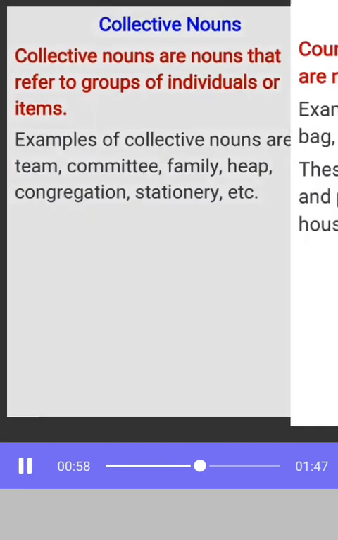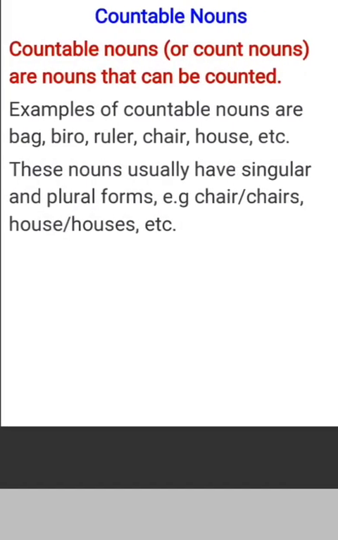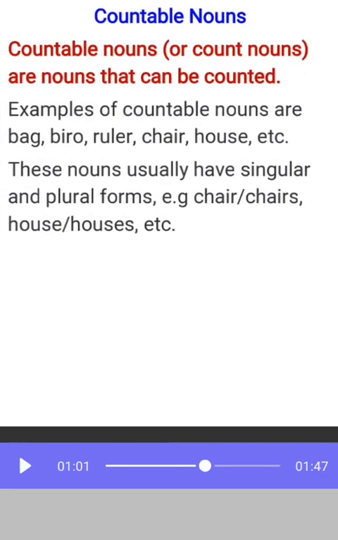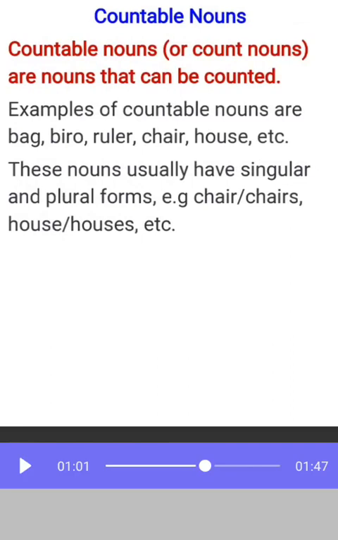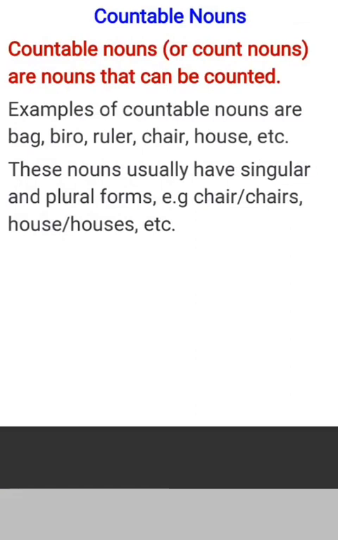We now make progress to countable nouns. Countable nouns, also called count nouns, are nouns that can be counted. So names of things that can be counted, we refer to them as countable nouns, as in you can count them as 1, 2, 3, 4.